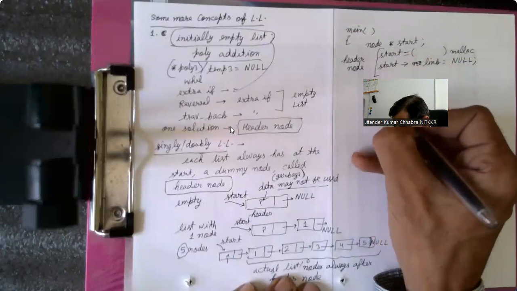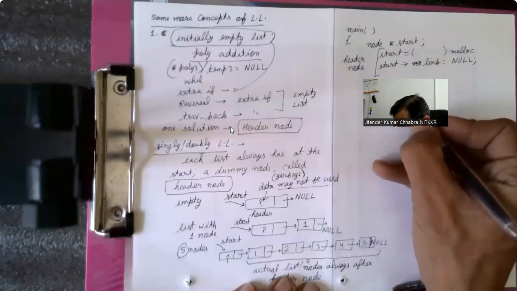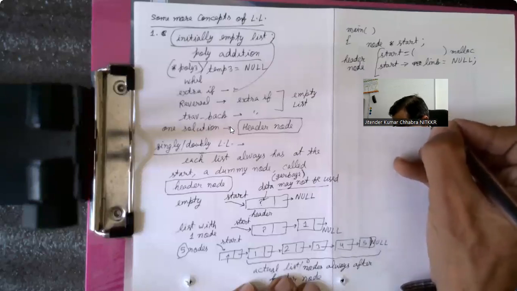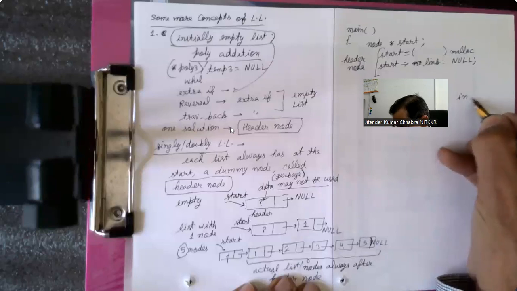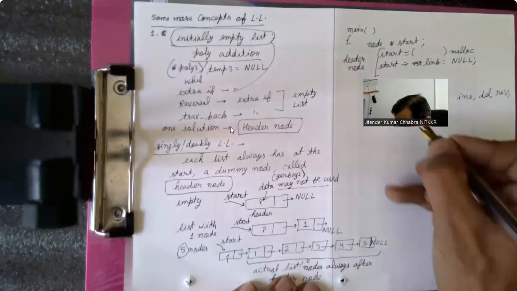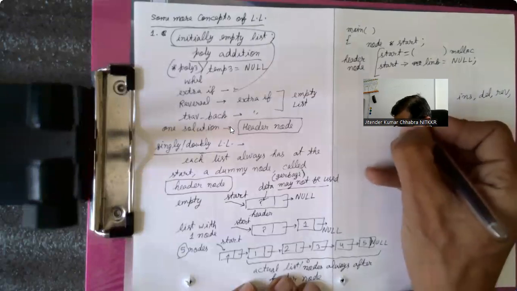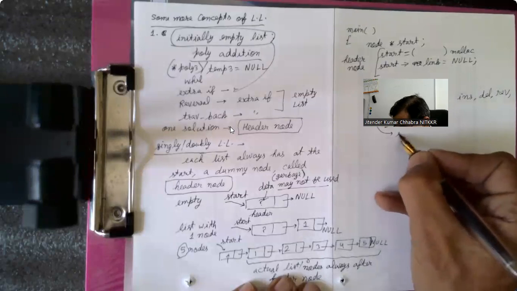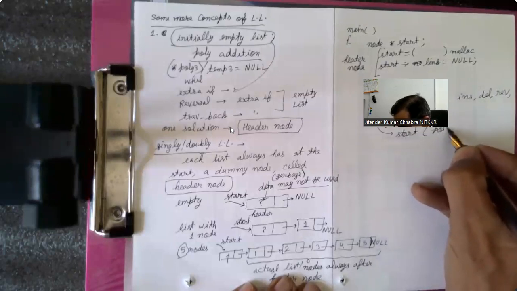Now any operation you call, whether you call create or any other traverse, insert, delete, reverse, polyadd, any operation you write, they will use the start, which is pointing to the header node always.